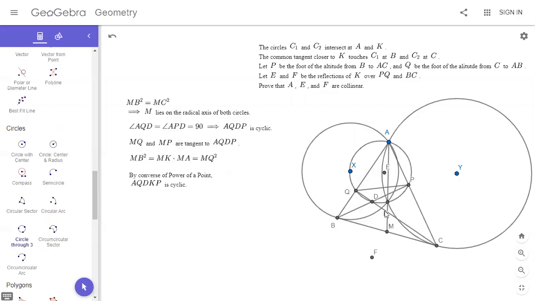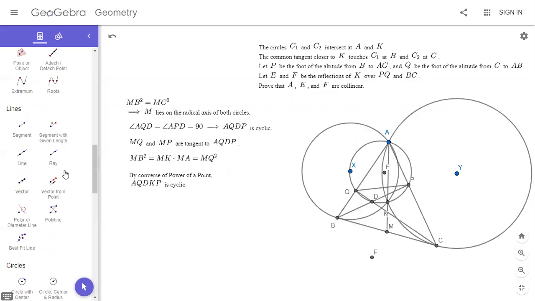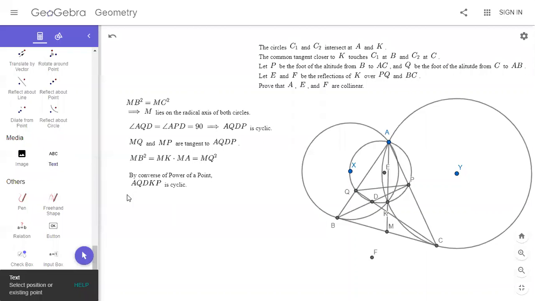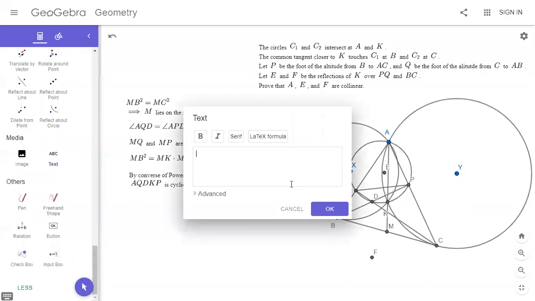Okay, so first I'm going to do what Timo said. I'm going to show that ABFC is cyclic. I'm not going to do the full angle chase, but I'm going to write out the main idea. We have angle BFC is equal to angle BKC, and that's equal to 180 minus PAC by an angle chase.